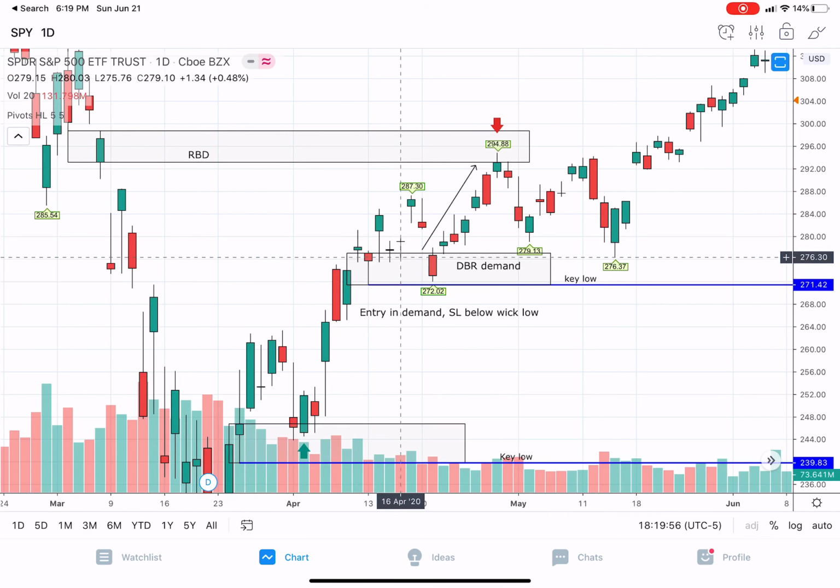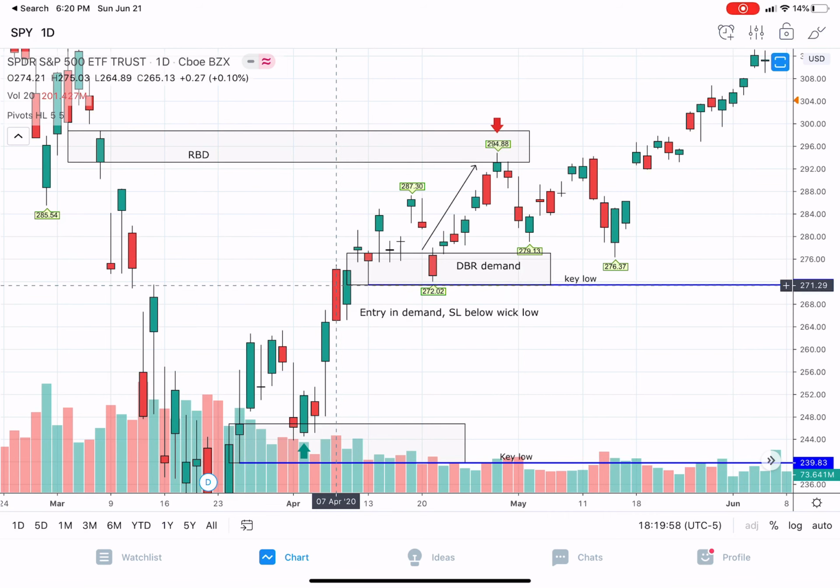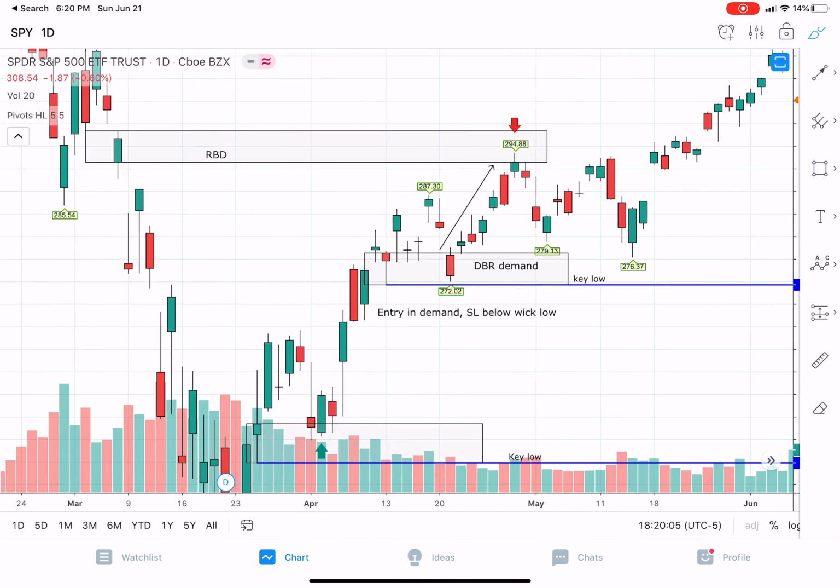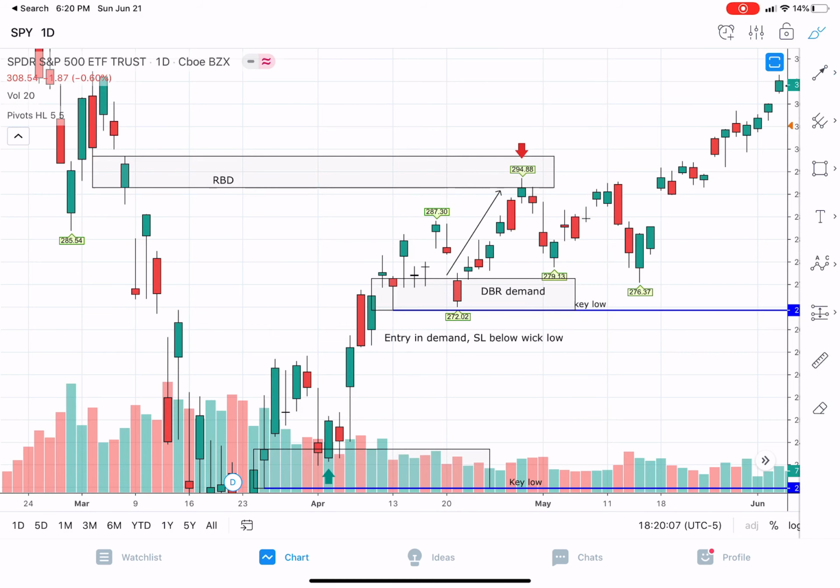So we'd put a buy order to enter here, and our stop loss would be at 271. We'll call it 271. So here would be our entry right here.